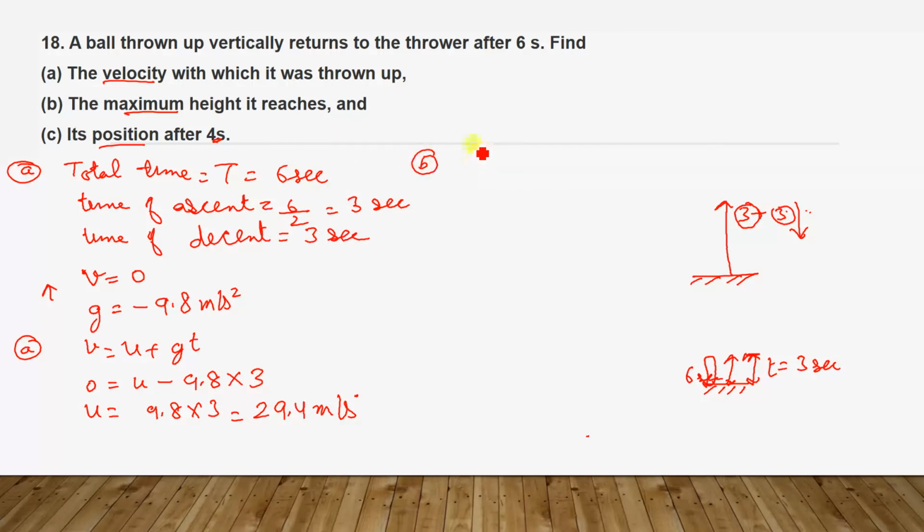Maximum height means अब हमने h निकालना है, उसका कितनी height पे जाएगा. So let's use the formula S or h equals ut plus half gt square.